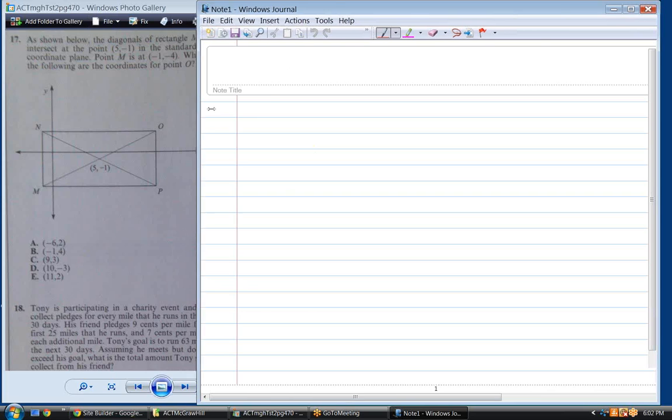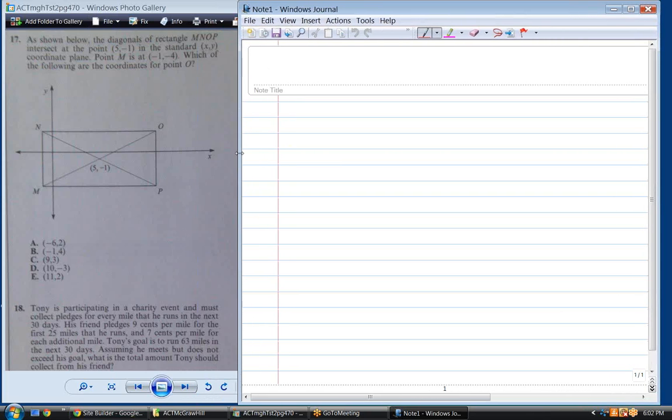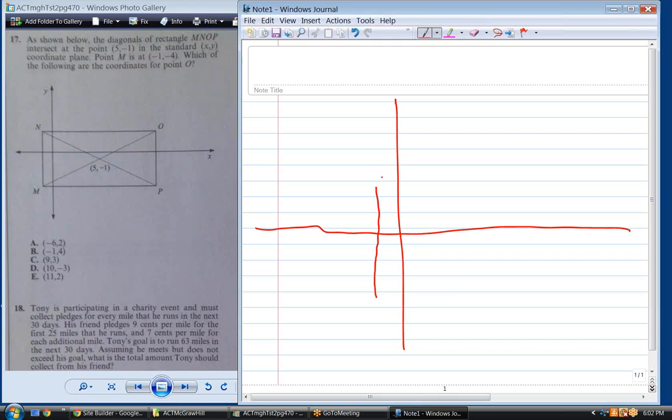So let's work on 17. Let me draw the picture to make it a little easier to talk about. Nice if I could draw a straight line, but not in this lifetime.